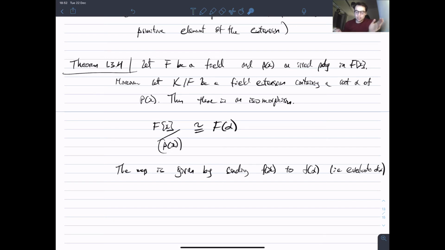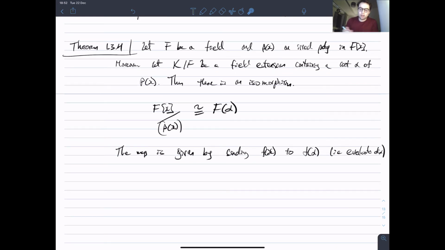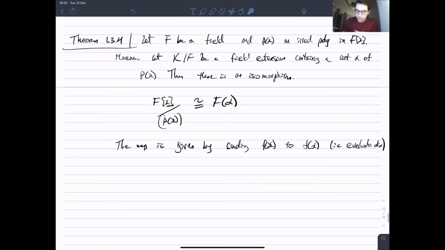So you can always take K to be the complex numbers, as long as your field is an extension of Q or something, then this works. But at the moment, I have abstract fields, so it's not clear that they live inside the complex numbers or not. All I want to assume is that there exists some field which contains a root. But you see that the statement doesn't actually have this.